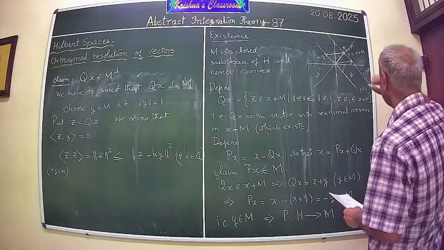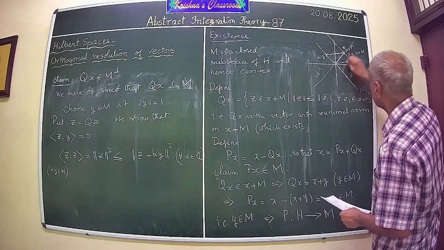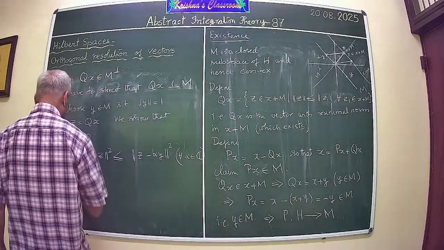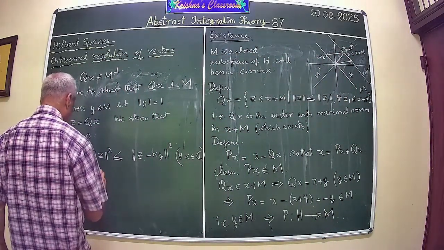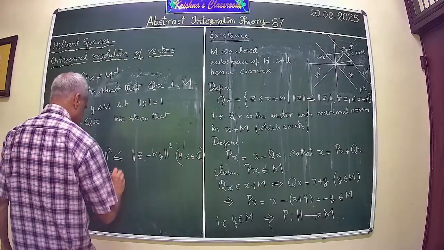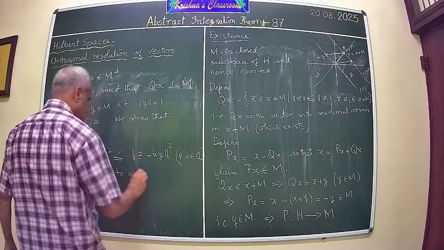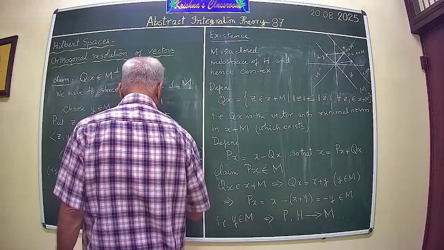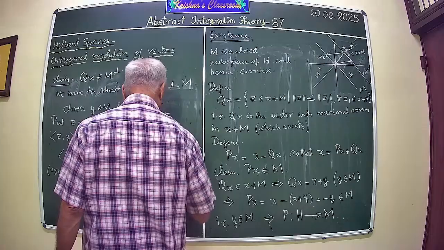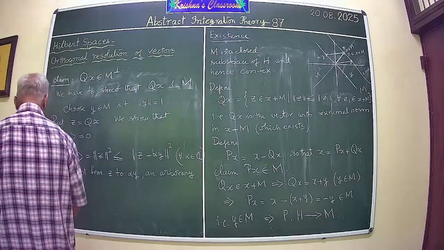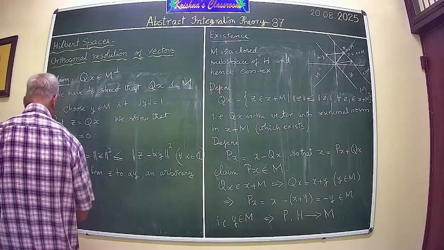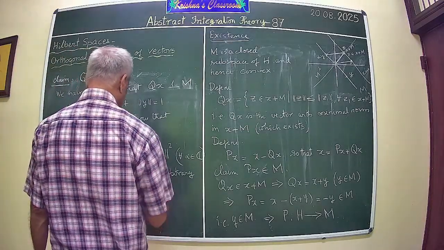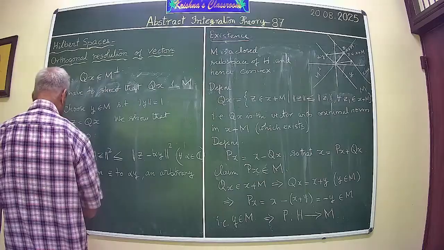Therefore, z minus alpha y will be the distance from z to an arbitrary element of M.